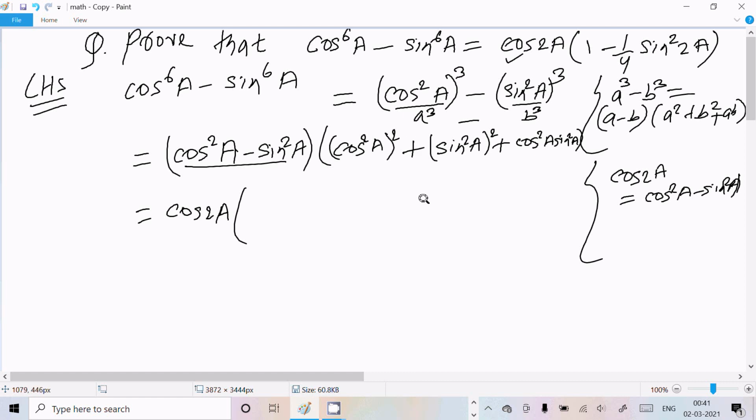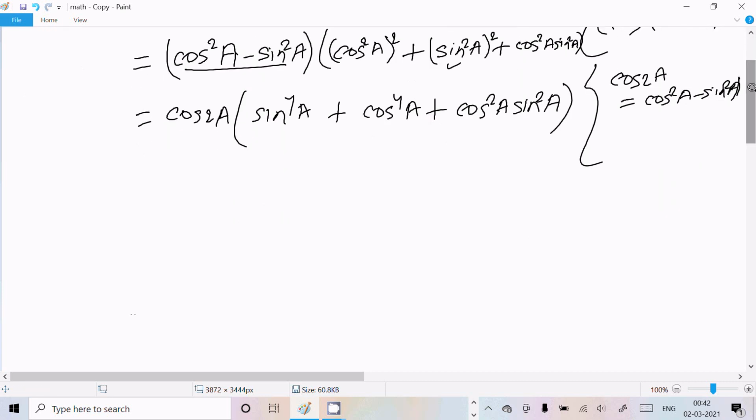Now hereafter the next is sin^4 a and cos^4 a, after that cos^2 a sin^2 a. Between these two terms we can take cos^2 a common.